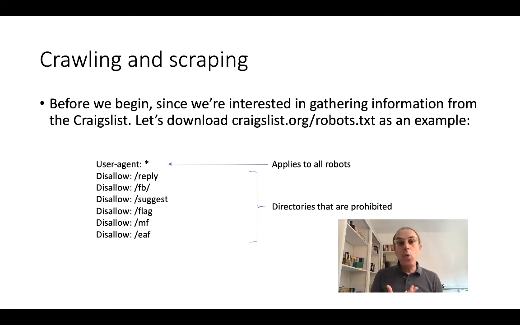But before we begin, I will use the Craigslist robots.txt in this example. You can download it from Craigslist, and it will show the user agent applied to all robots, and disallow, which lists the directories that are prohibited for us to enter or see.